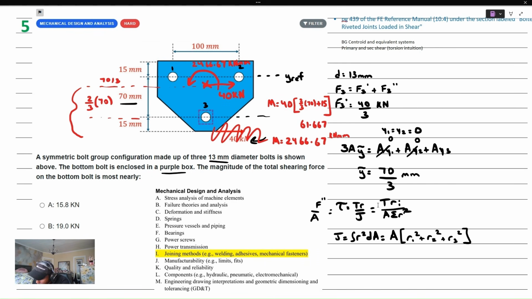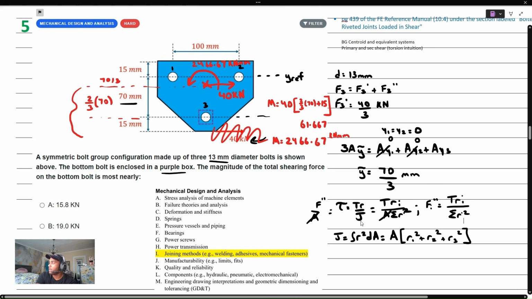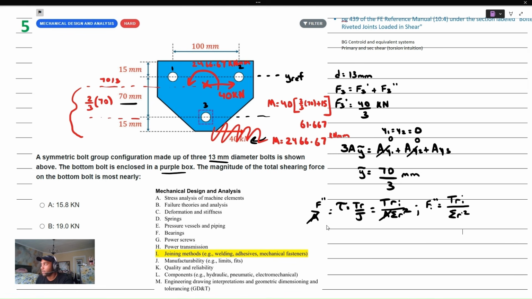You can see that the areas will cancel out here, and what we'll be left with is that the secondary shearing contribution is just equal to the torque multiplied by the radius to that specific bolt, r sub i, divided by the summation of r sub i squared. Not r sub i squared individually, just the summation of all of those radial distances that exist inside of our bolt group here. Okay, so that equation, of course, is in the FE reference manual. We're going to go through where you can find that, but just to give you some intuition of where that equation comes from, I just wanted to go through that little exercise there.